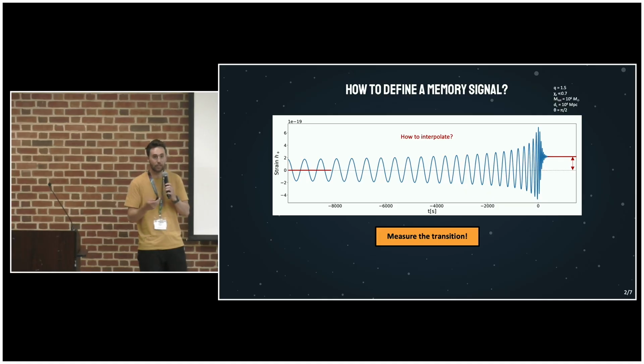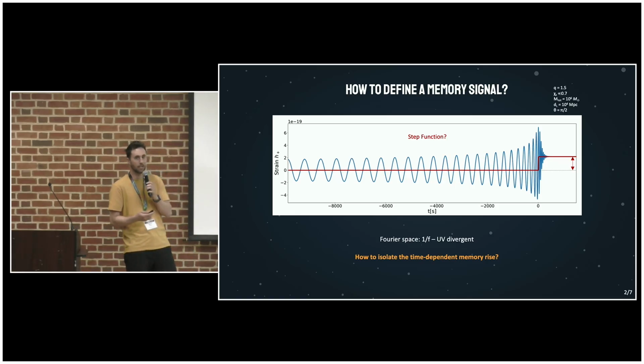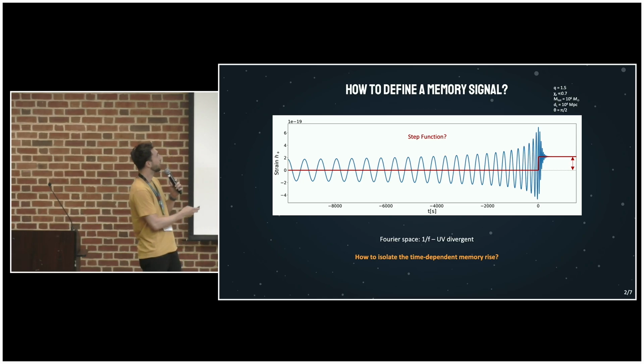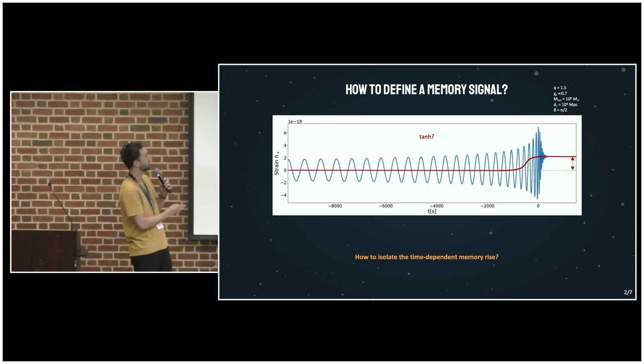And just to give a feeling of the problem that we have, we can go through a few examples of what we could try. The first thing that could come to mind is just a step function at the merger. But of course, it's a very crude model, and it's even UV divergent. So when you resolve these timescales, it's not a good model. Then you could come up with some smoothing out of this step function.